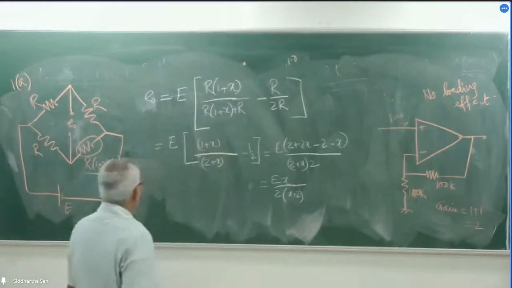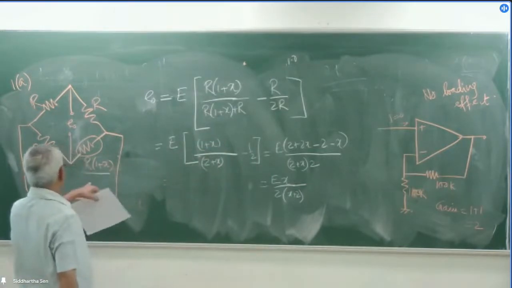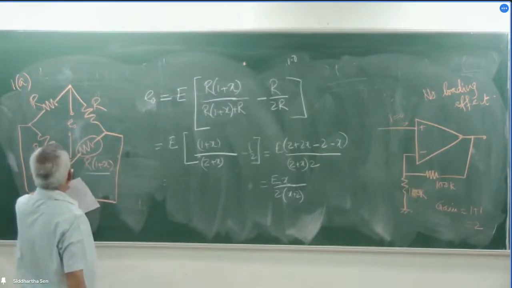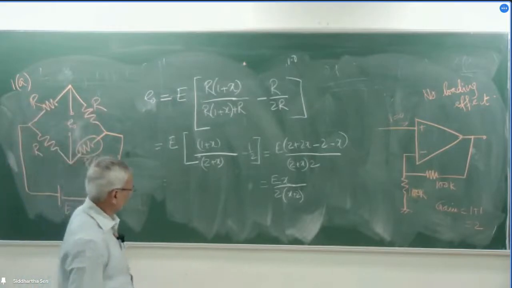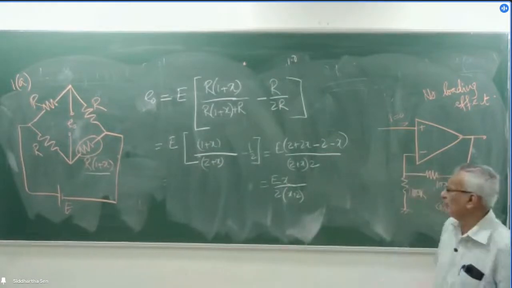Okay. In fact, it can also be shown that the maximum sensitivity is achieved in the case where the bridge arm ratio is 1. But I am not concerned about this right now.